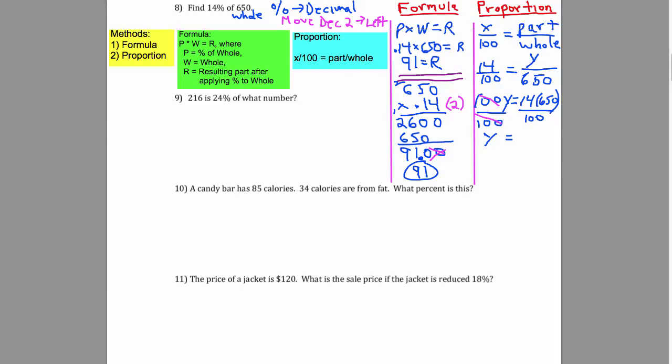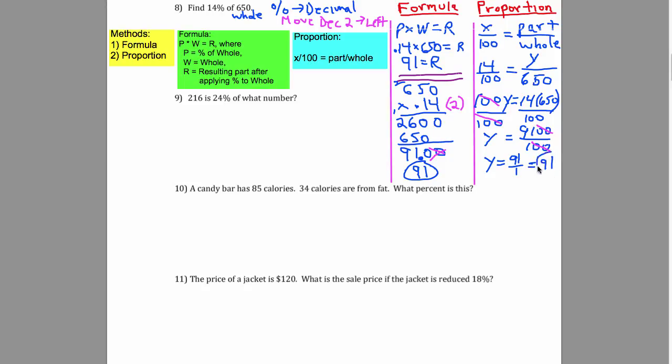Finishing up, we get 14 times 650 is 9,100 divided by 100. The two zeros cross out here, and you're left with y equals 91 over 1, and any number divided by 1 is just the number itself.